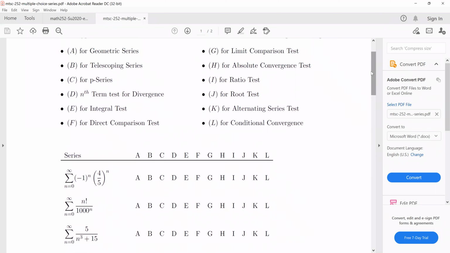With the first 3, you are to state which test you can actually use for this particular series. So for the series sum from n equals 0 of (-1)^n times 4 over 5^n, there are several different tests that I can use for this series.